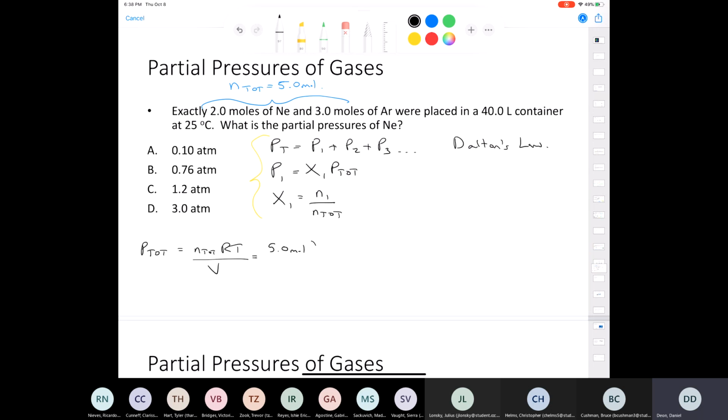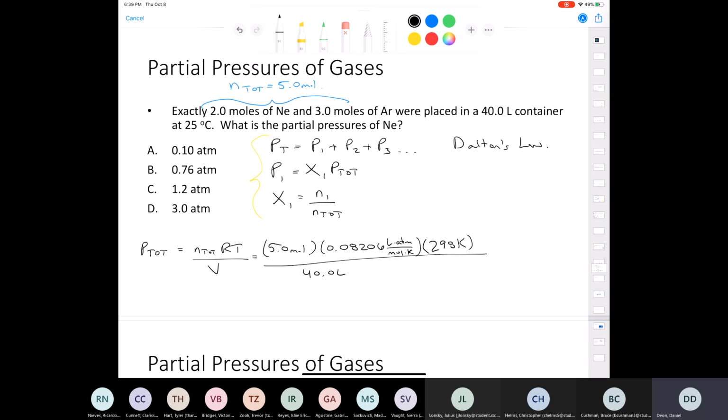5.0 moles of both of my gases times the gas constant, my volume is 40 liters.